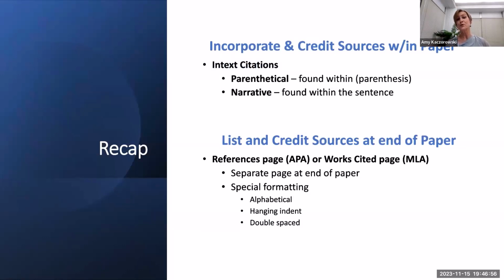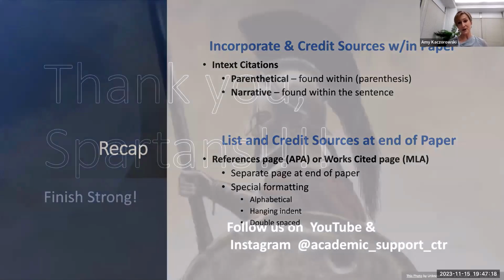That's how to incorporate your credits within the paper, giving credit to the sources within. We also talked about how to list those sources at the end of the paper, either an APA reference page or MLA works cited. So those are the four areas that we talked about tonight.